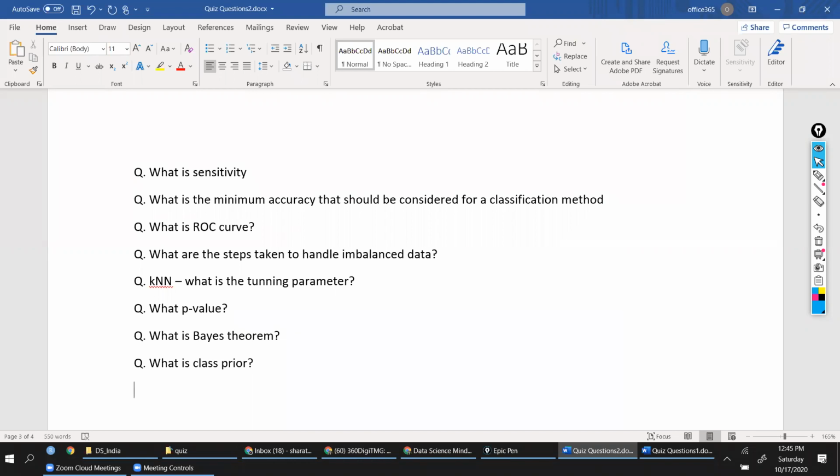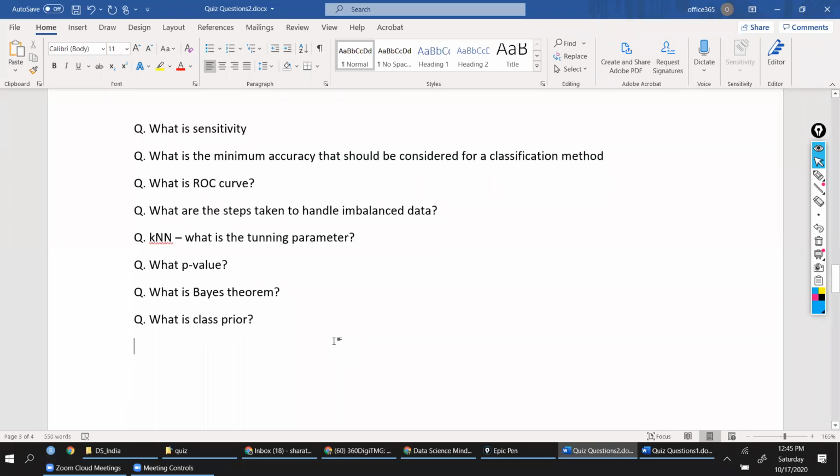Class prior means the probability of the class in the historical data. You already have historical data where the events are already occurring. You have recorded these events. When you look into this historical data, you'll come to know what is the chance of a specific class. That's known as class prior.